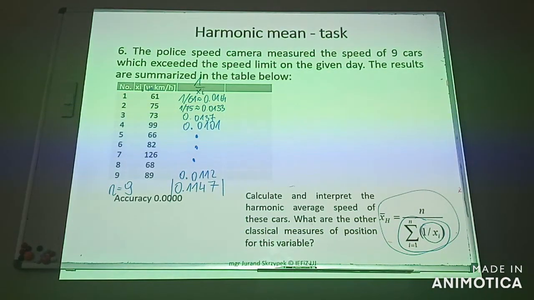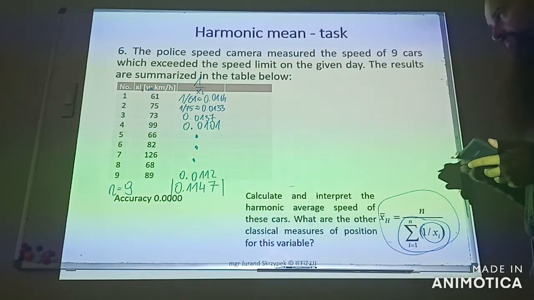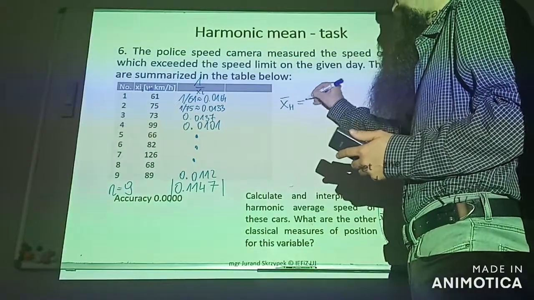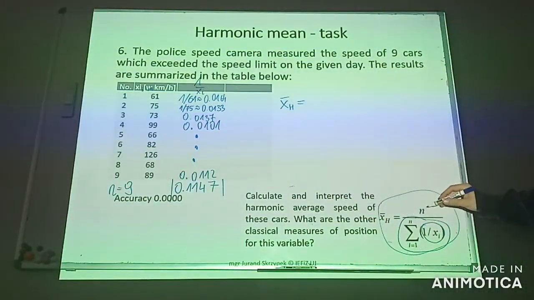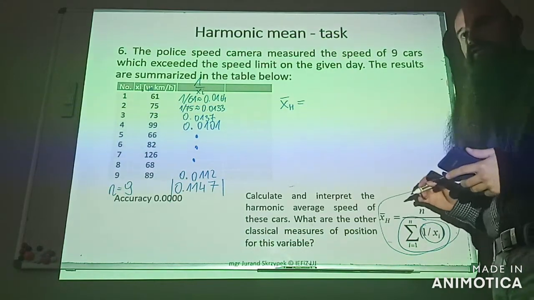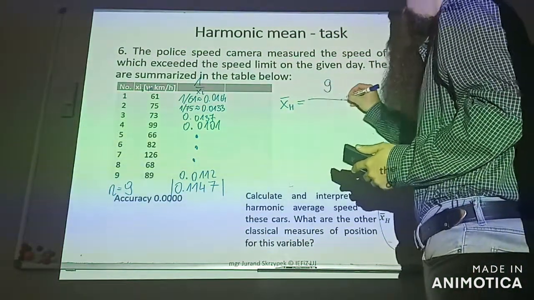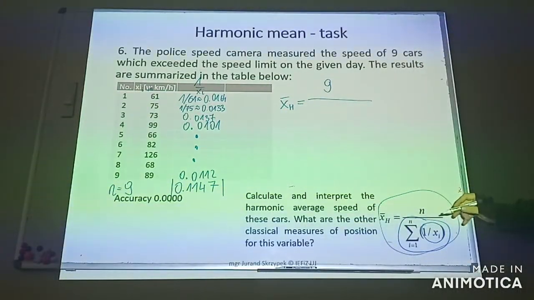And now we are able to estimate the harmonic mean. Harmonic mean is equal to n, the population size, in the numerator, 9, divided by the denominator.